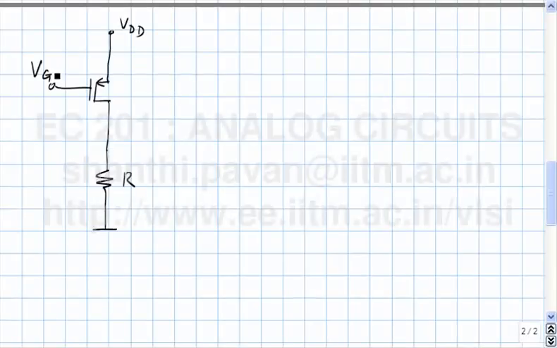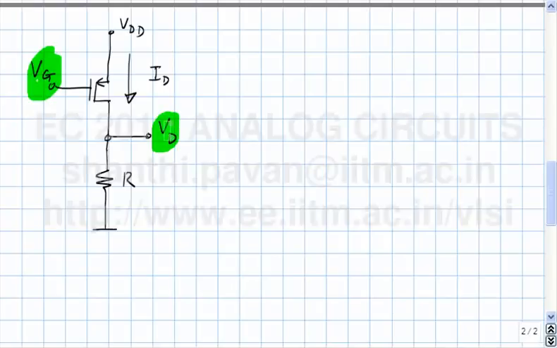Let's assume that the transistor is operating in saturation and some drain current I_D is flowing, and the same I_D will flow through R. I will call this V_D. What is the incremental gain from here to here?